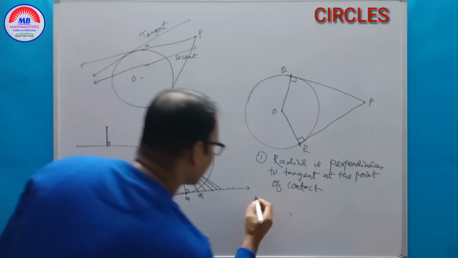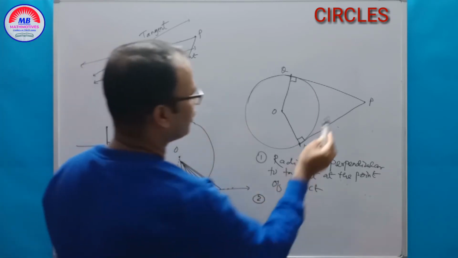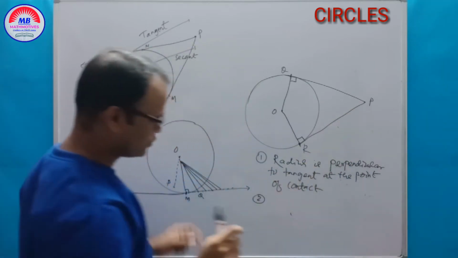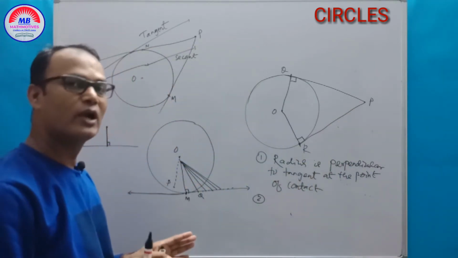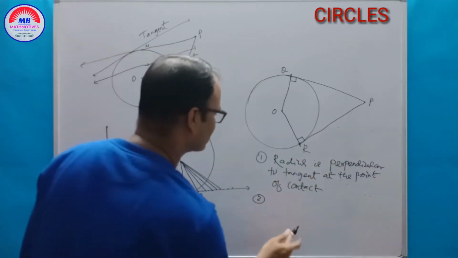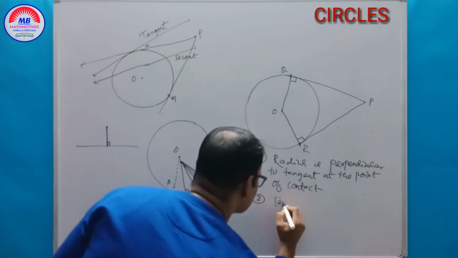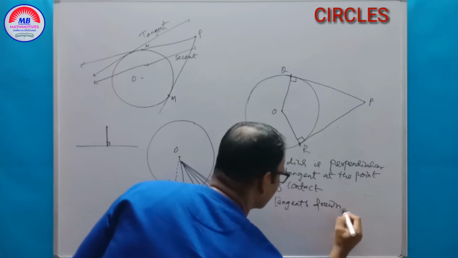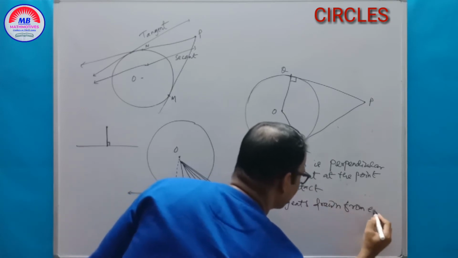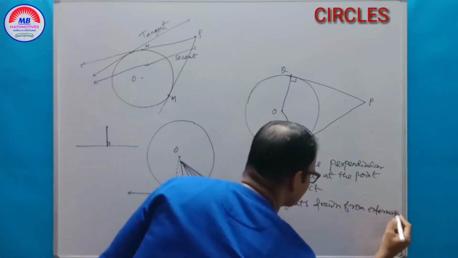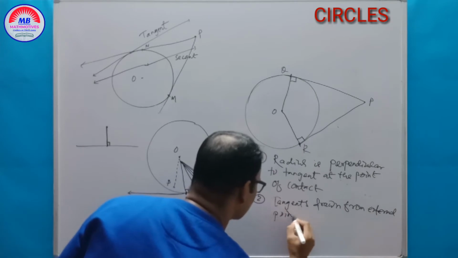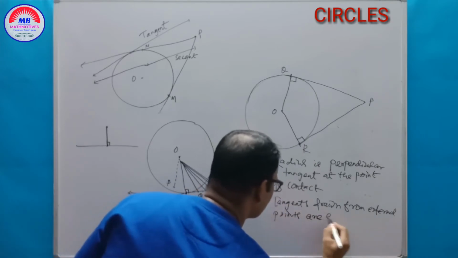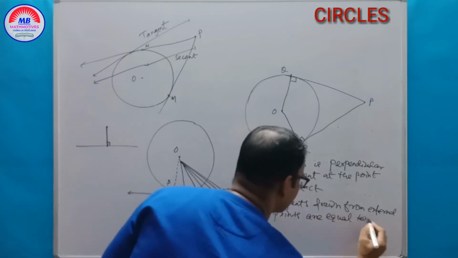Then another point: if we draw tangents, these two tangents will be equal to each other. How? Tangents drawn from an external point are equal to each other.